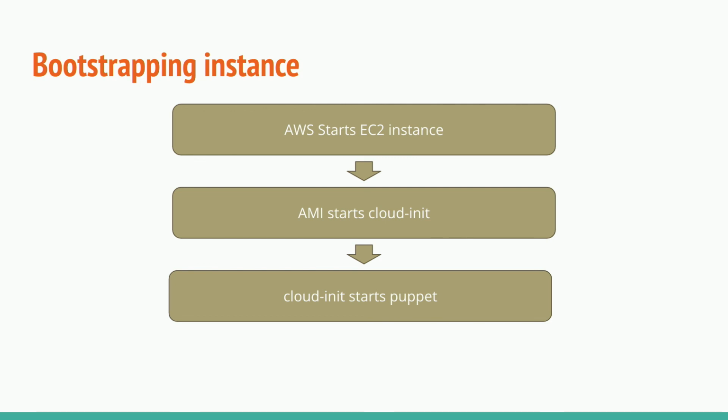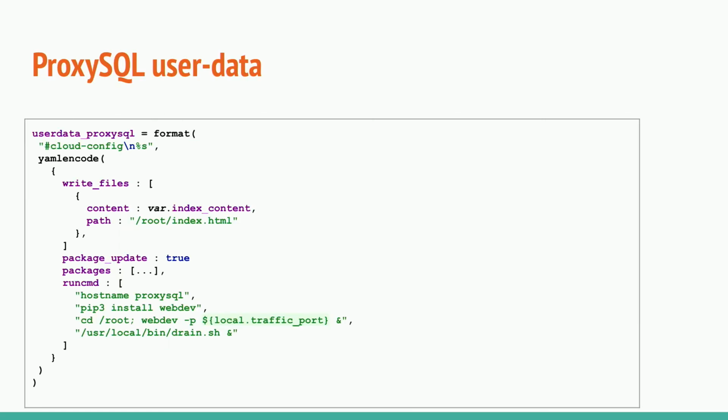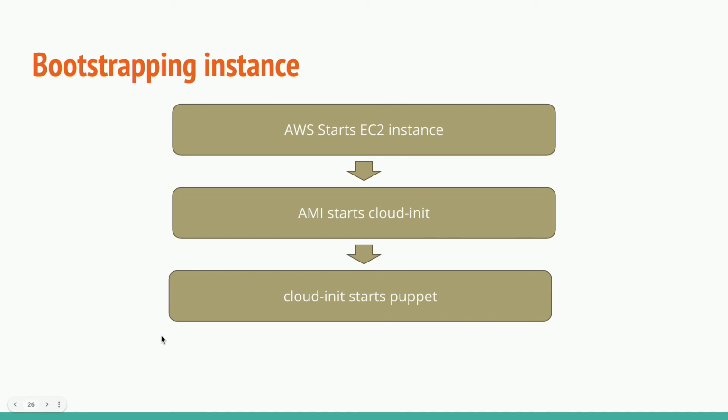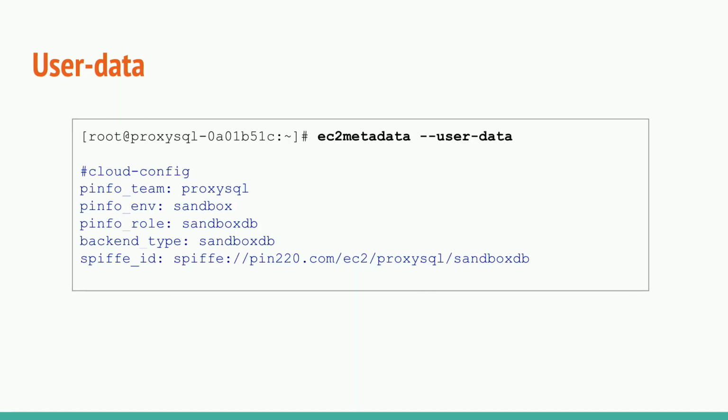Cloud-init can install packages, land some files, and execute some commands. For us, at Pinterest, cloud-init has limited functionality, intentionally, and all it does is run the Puppet client. And the rest is provisioned by the Puppet client.